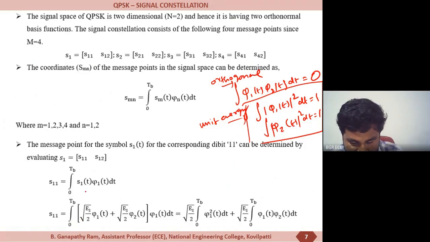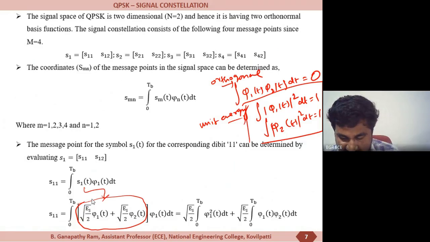we can substitute the expression of S1 of t in this location, and it can be written as square root of Es by 2 integral over Tb phi1 square of t dt plus square root of Es by 2 integral of phi1 of t multiplied with phi2 of t dt, and this will become 0.